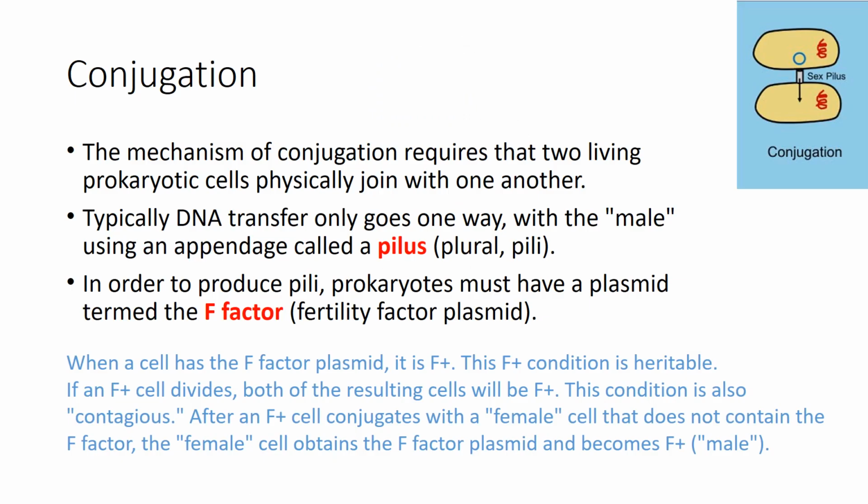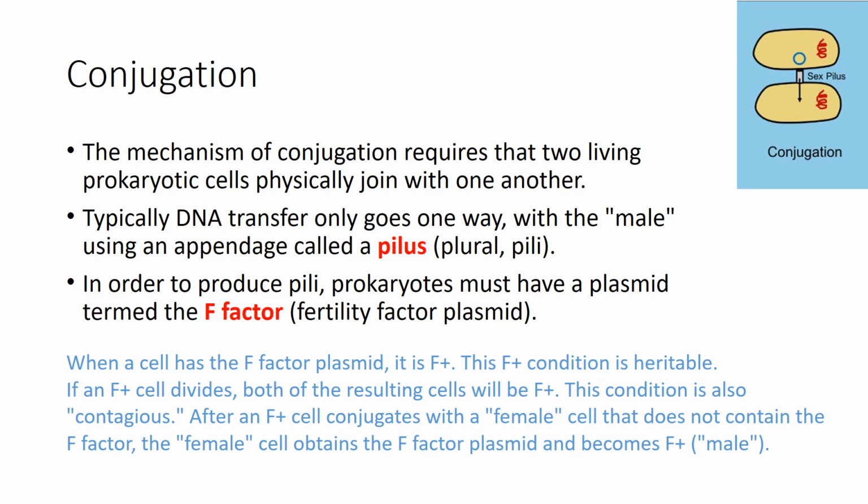The last one on the list is conjugation. So the mechanism, you know this, there's a formation of a conjugation tube. We call it conjugation tube in molecular biology and sex pilus in natural conditions, right?